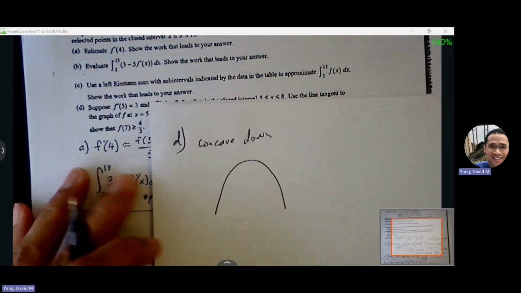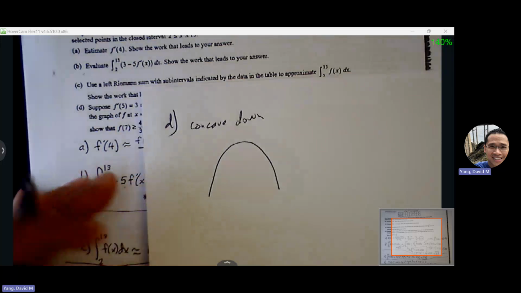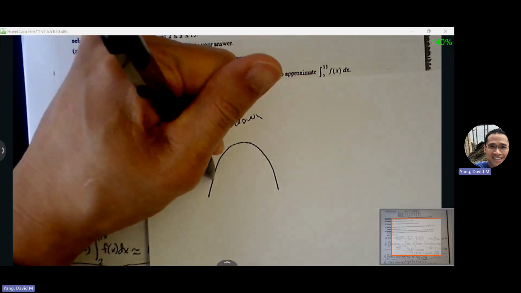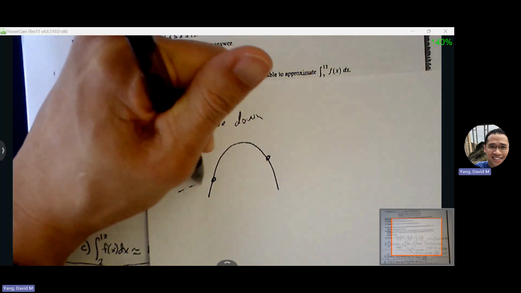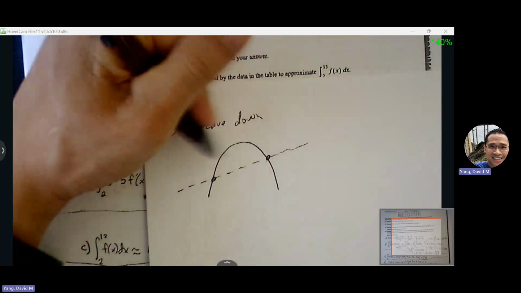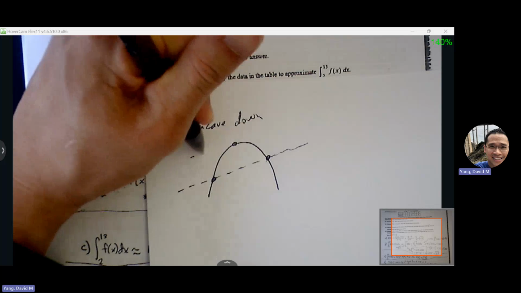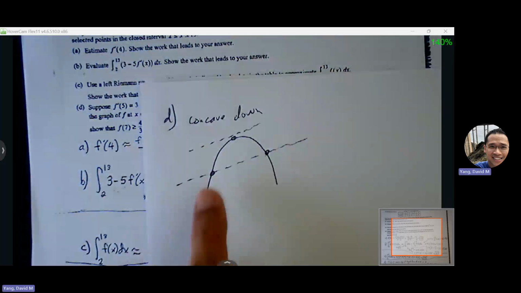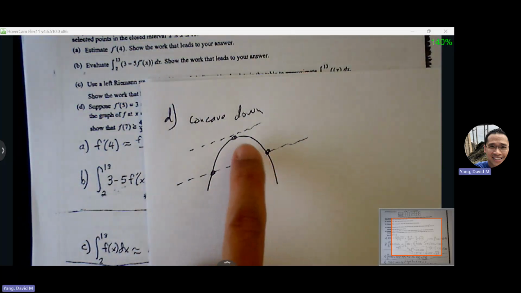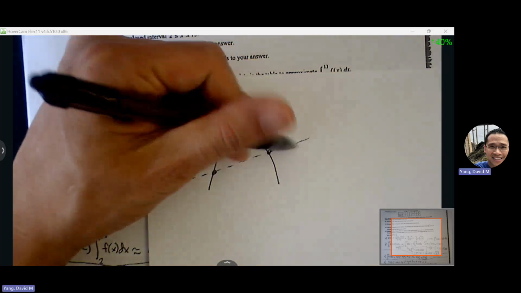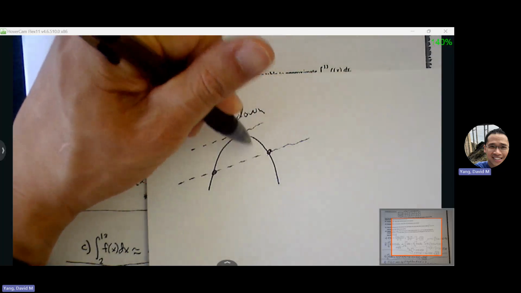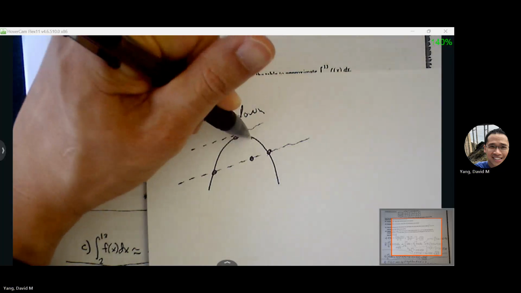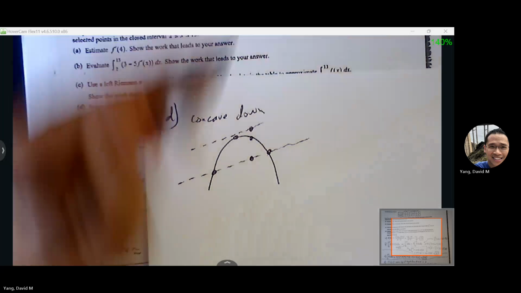And they're trying to say, what is the relationship between a line that is secant to the graph versus a line that is tangent to the graph? So secant just means a line that goes through 2 points. Tangent is a line that goes through 1 point. So the whole point is that if the graph is concave down, then anything that is secant is going to under approximate a point on the curve, right?